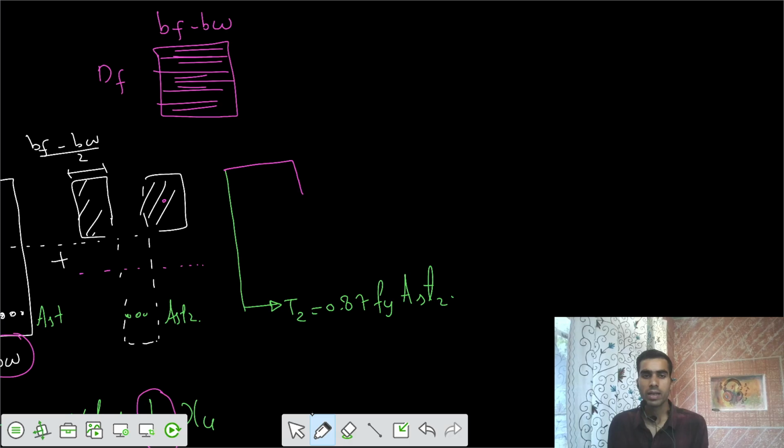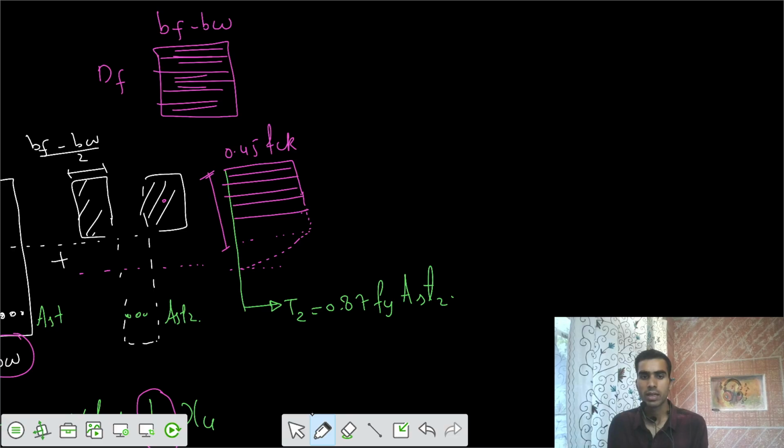So the stress block would be in this fashion. That entire part has a constant stress of 0.45 FCK up to the entire DF portion, and after that it would have been in this fashion. The neutral axis was somewhere here, but we are calculating only for this part. Actually 3/7 of XU is up to this level, but our DF is less than 3/7 of XU, so we are going to take these calculations.